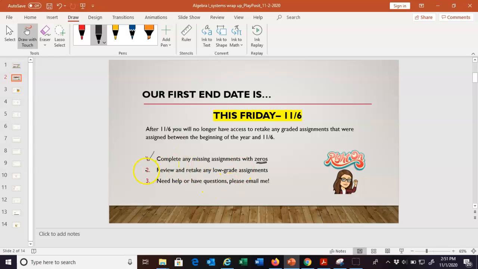And also, you're going to want to review and retake any low graded assignments because after Friday, you will no longer have access to those graded assignments. Now, you'll still have access to the material to review it and go back, but you won't be able to use any of those attempts left on any of those graded assignments. If you have any questions at all, send me an email.